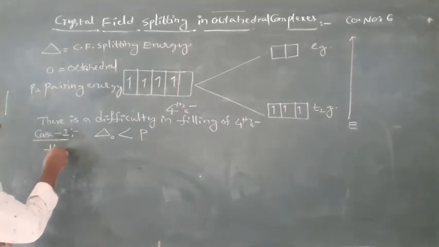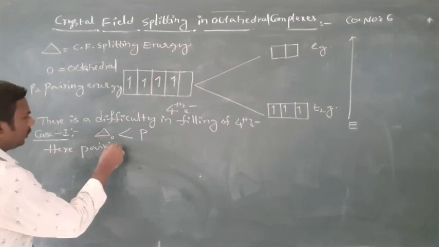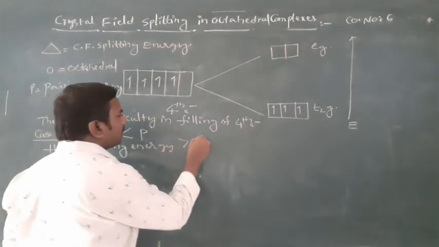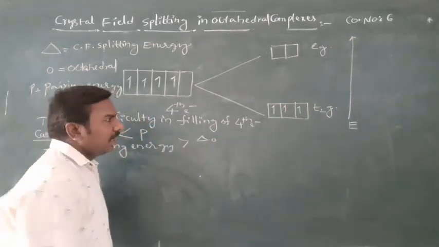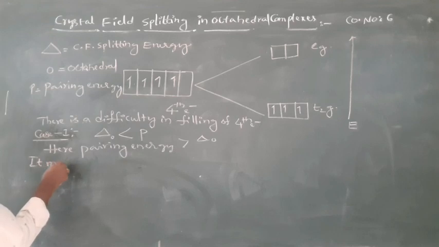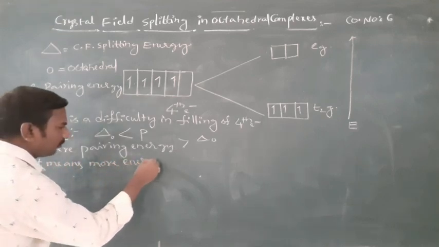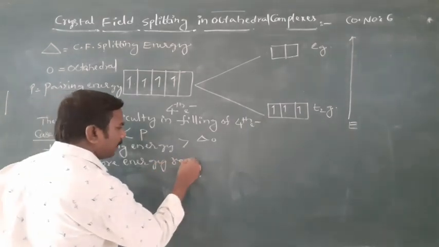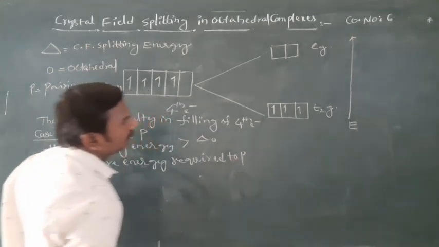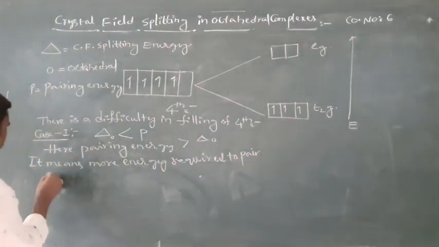Here, pairing energy is greater than splitting energy. It means more energy is required to pair electrons.